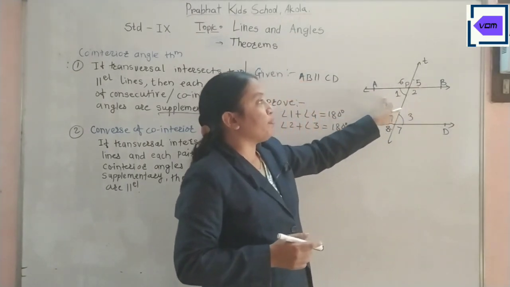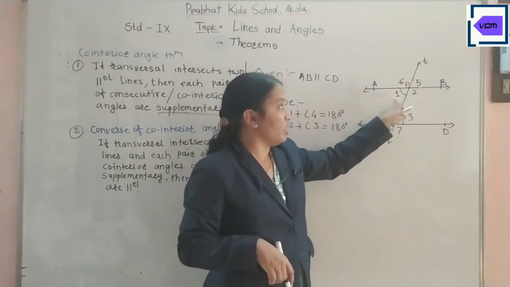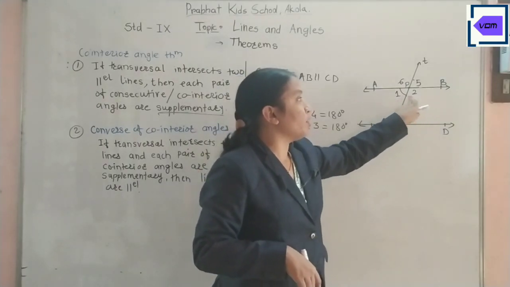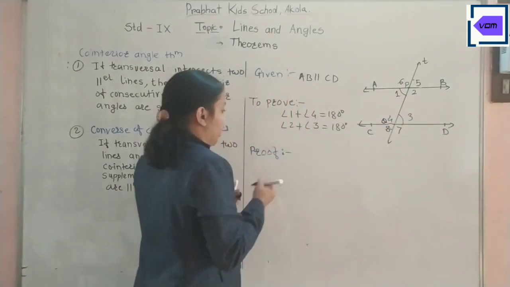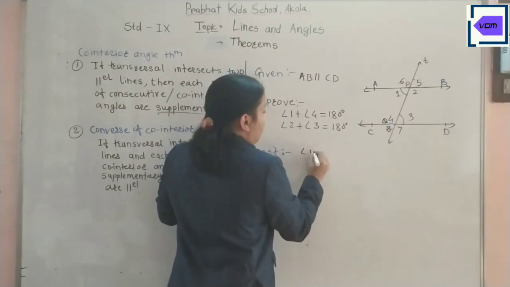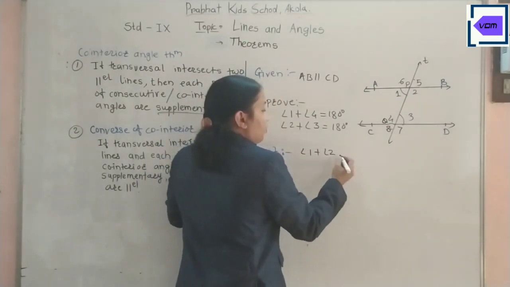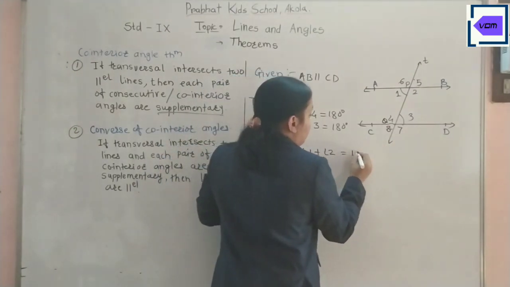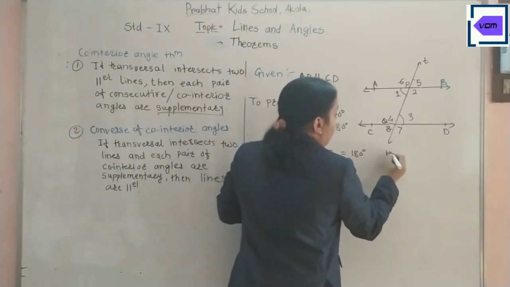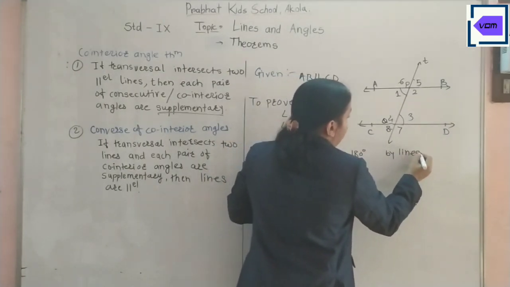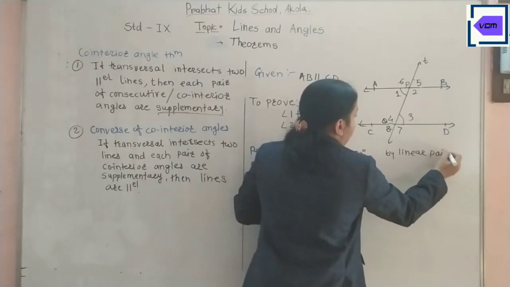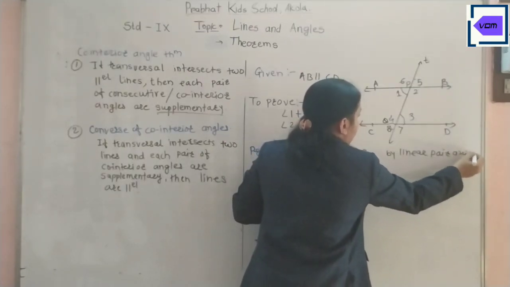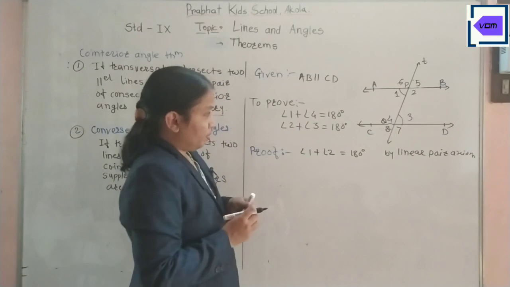So by the linear pair axiom that we have already studied, angle 1 plus angle 2 is equal to 180 degrees by the linear pair axiom.